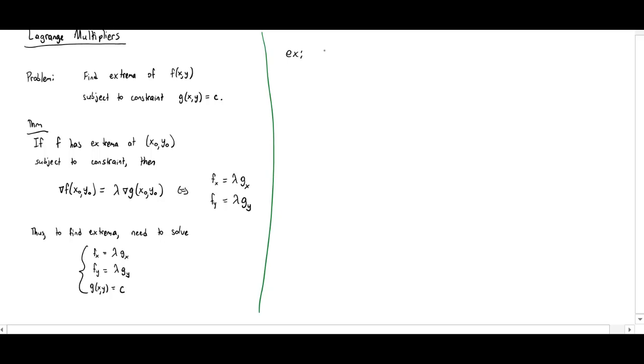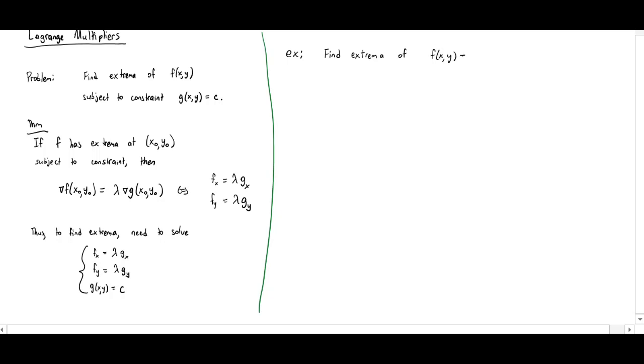So first, let's try to find extrema of the following function.